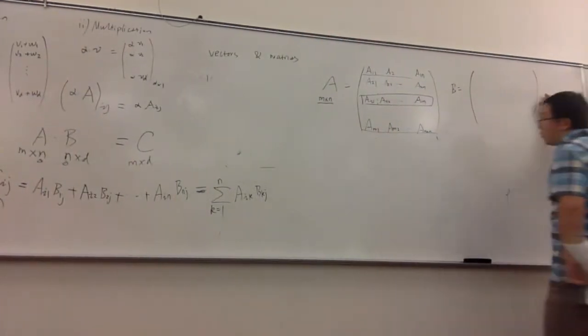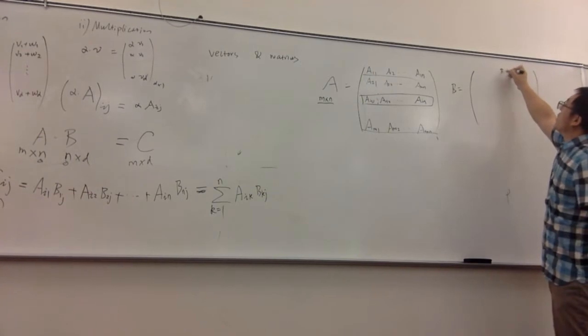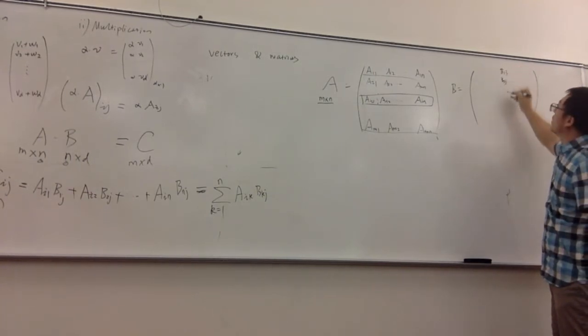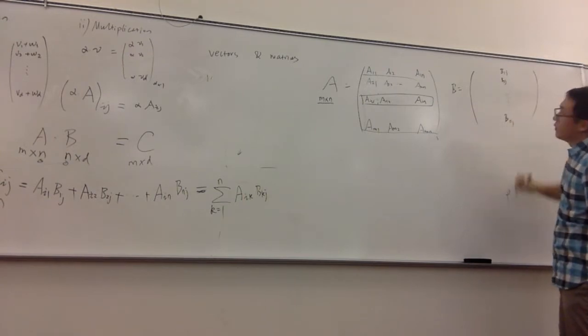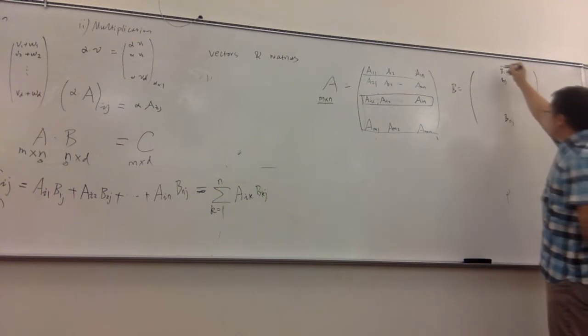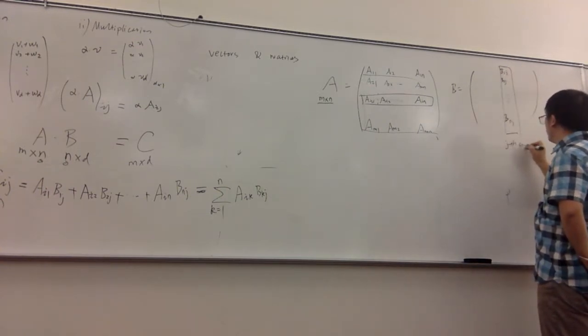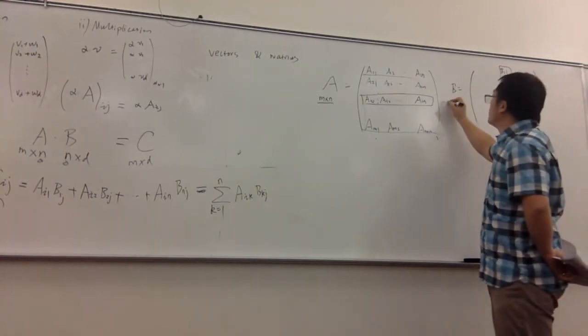And then we can look at the jth column in B, which is B1j, B2j, Bnj. So this is the jth column, and this is the ith row.